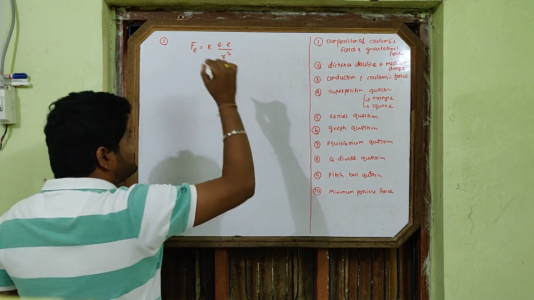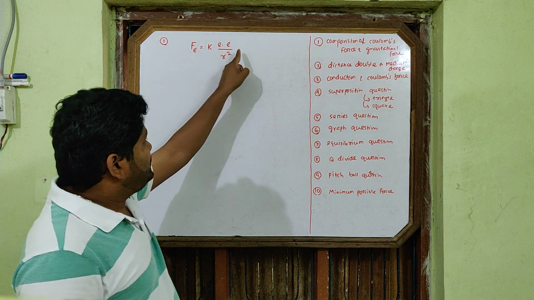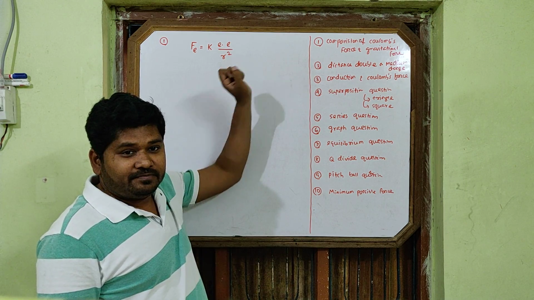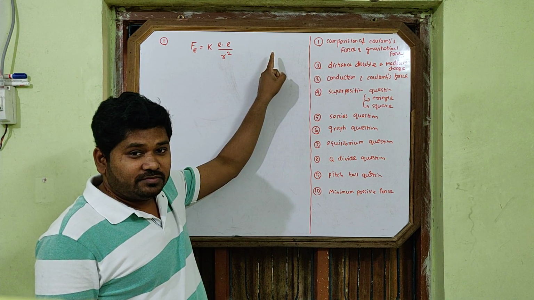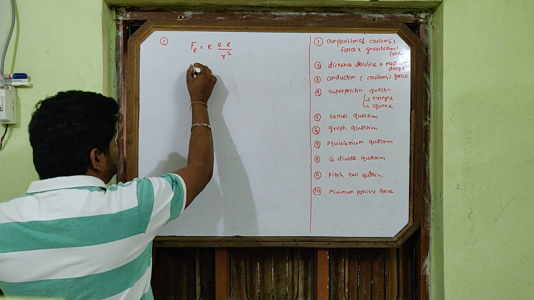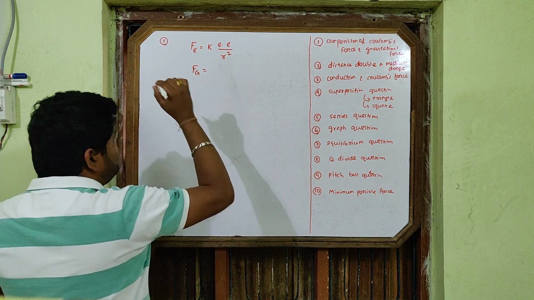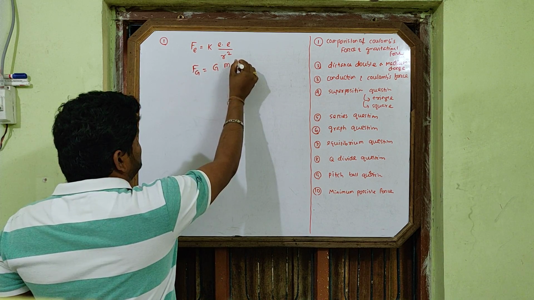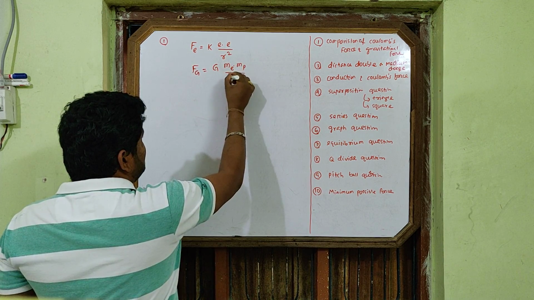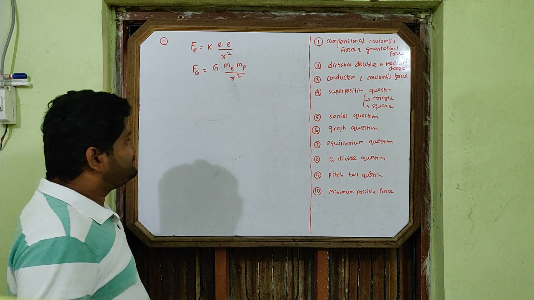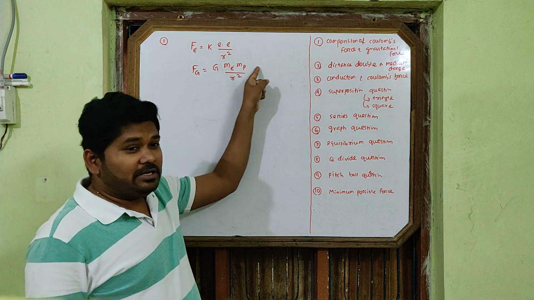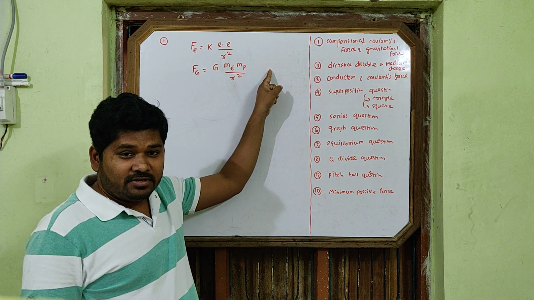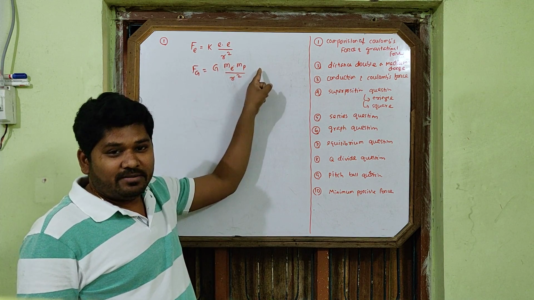You can put the value here, but don't put it there. Now write the expression of gravitational force: G M1 M2, so G Me Mp divided by R square. Here also you can put the value and do the calculation, but that is extra labor, not required.